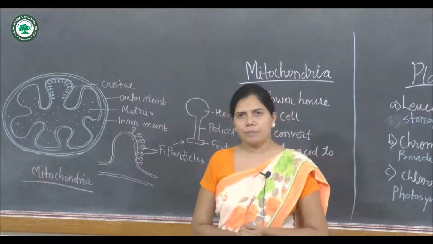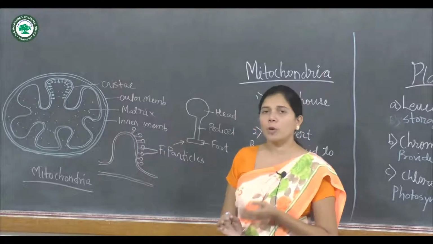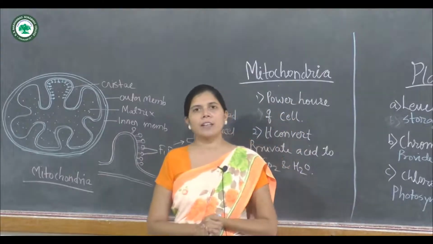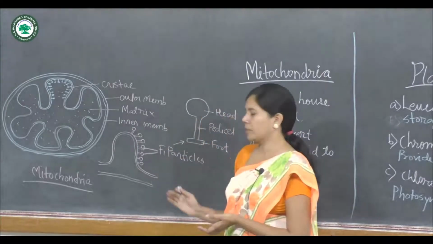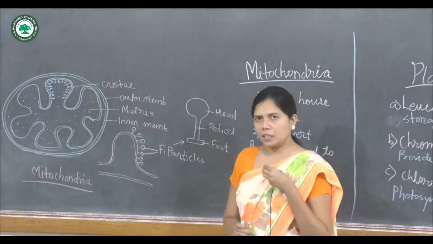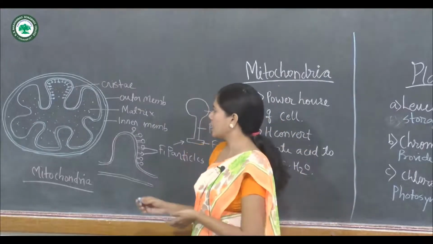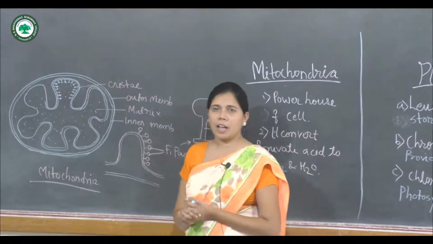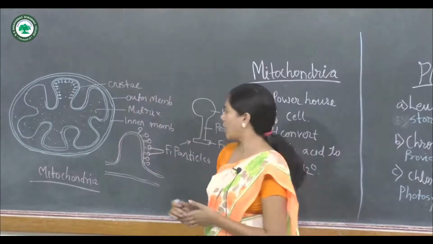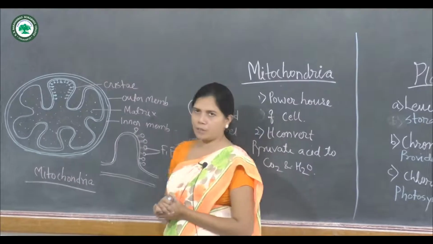The shape of the mitochondria may be oval or spherical. It is a double membrane bounded organelle having two membranes, the outer membrane and the inner membrane.